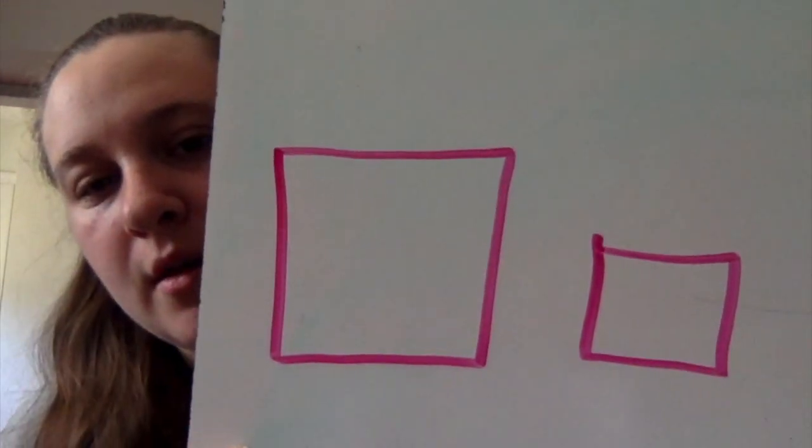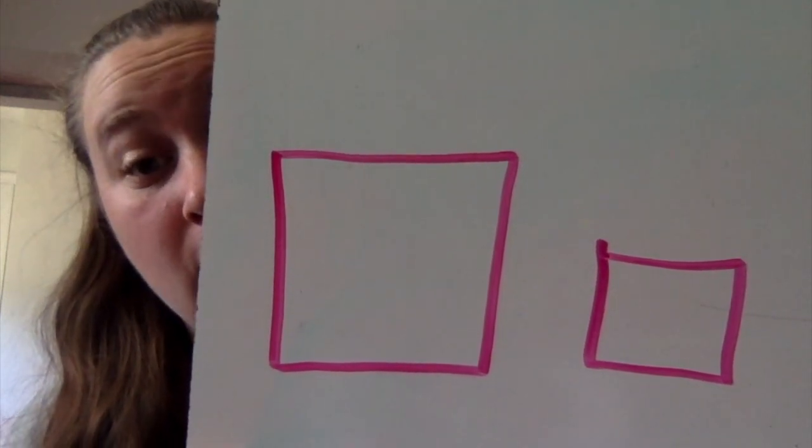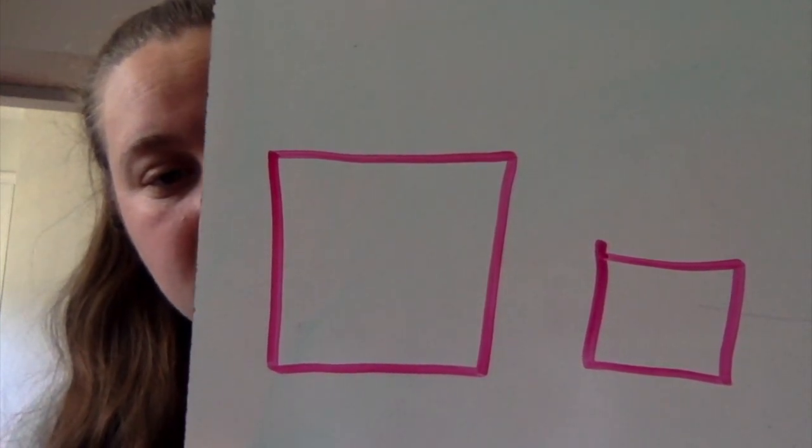I would like to also show you some non-examples of congruency. So let's look at this right here. It wants to know if these two squares are congruent. So hopefully when you look at these two squares, you would tell me no, they are not congruent.